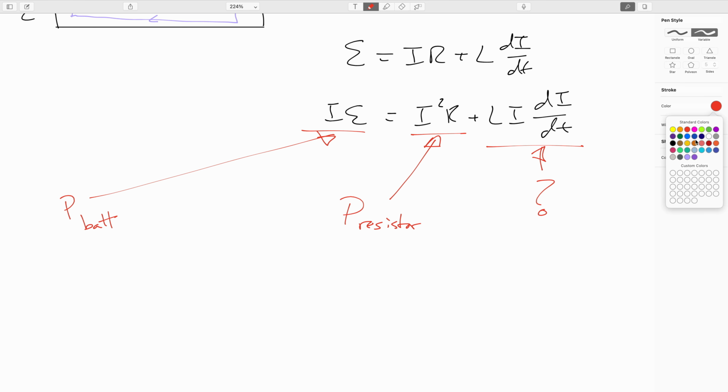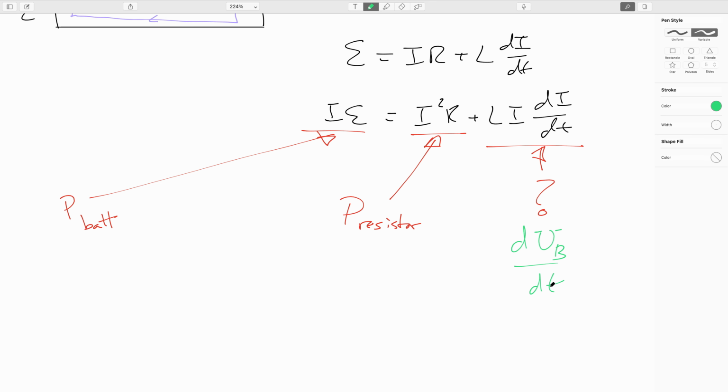So we will identify this as the rate at which energy is being stored in the magnetic field, and we'll just go ahead and call this dU sub B dt.